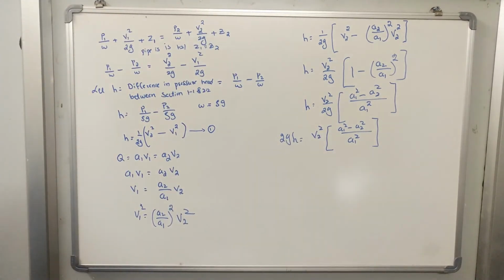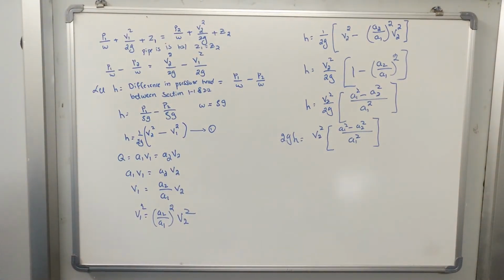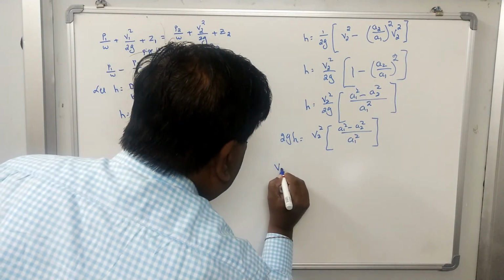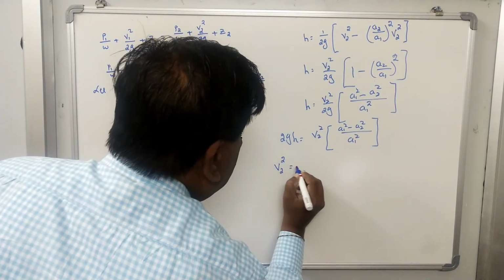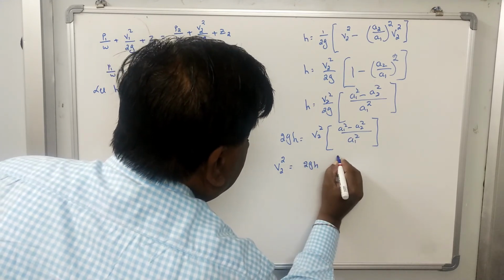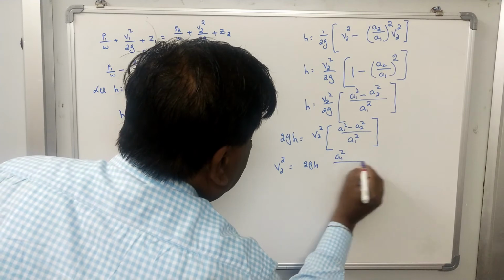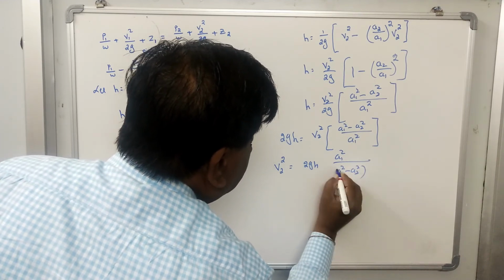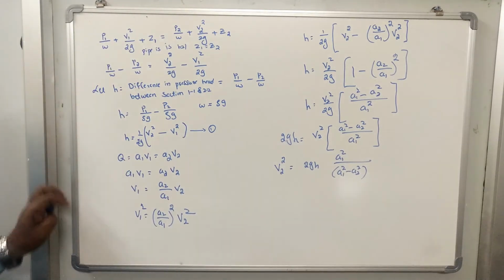Further simplifying this equation, V2 square is equal to 2GH A1 square divided by A1 square minus A2 square. This is just mathematical simplification.